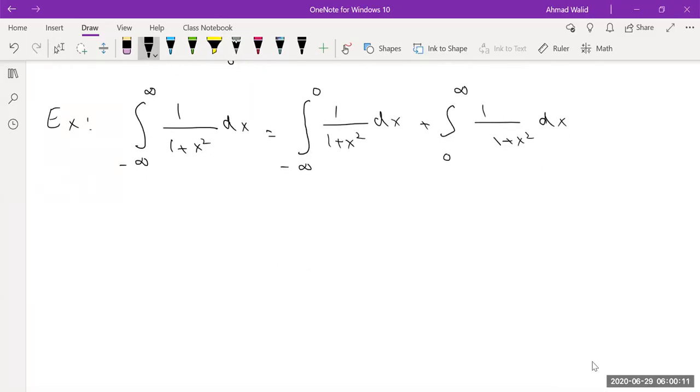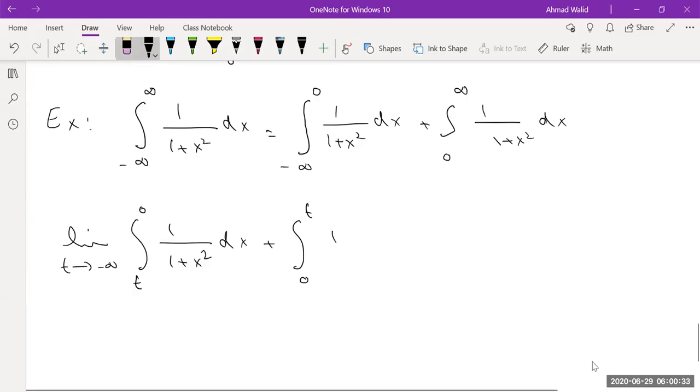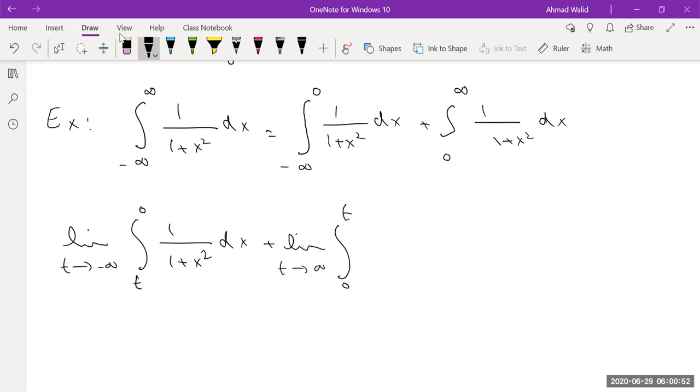Like part A and part B. I will rewrite this one: limit t approaching negative infinity, integral from t to 0, 1 over 1 plus x squared dx, plus the limit, t approaching infinity this time, of the integral from 0 to t, 1 over 1 plus x squared dx. Correct?